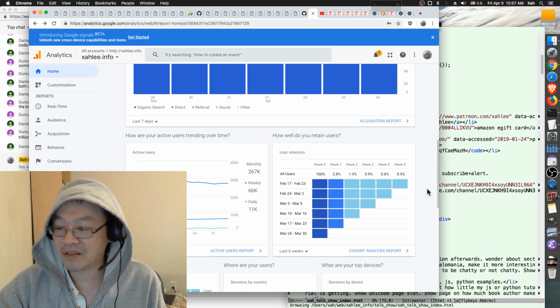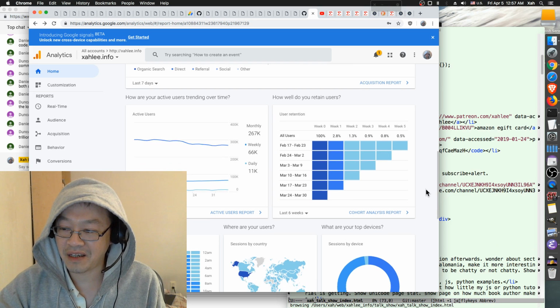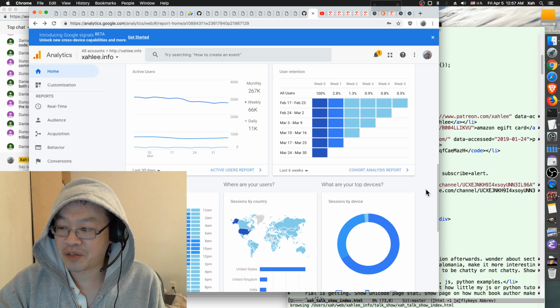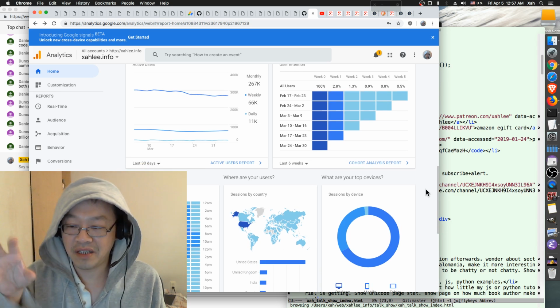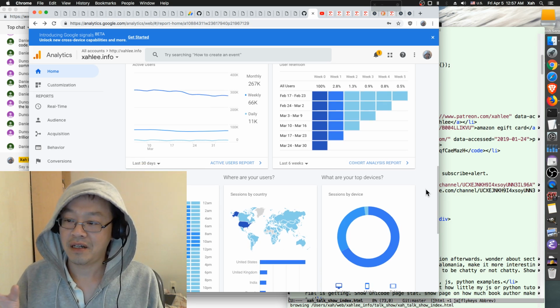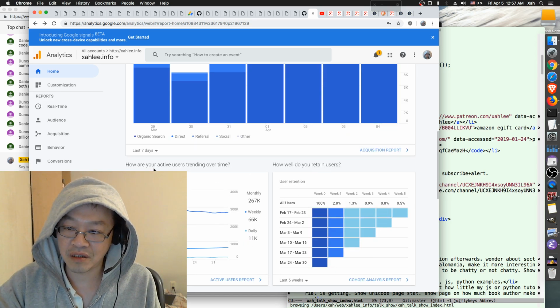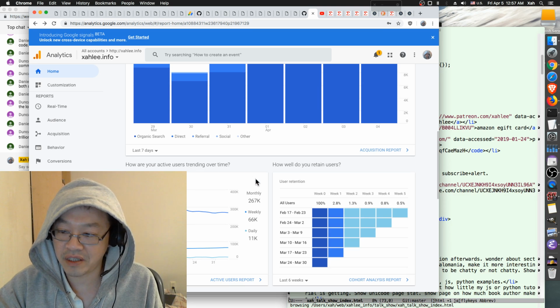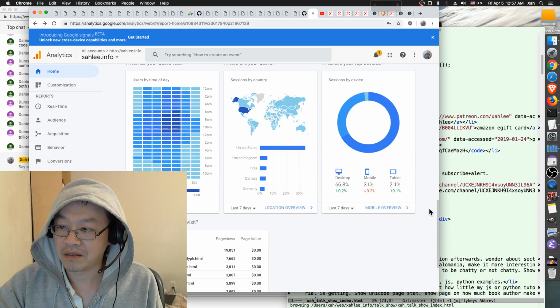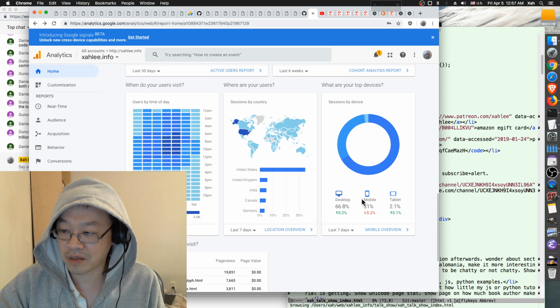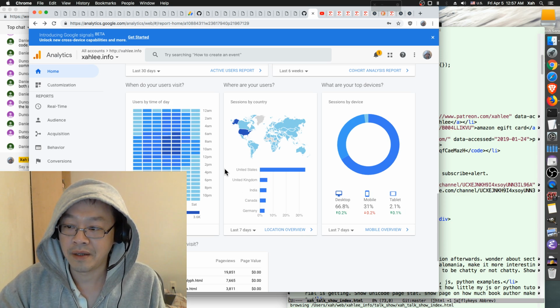I don't like these things because Google, all these companies, they are extremely commercialized. You see all these statistics: how you retain users, how your active users are trending over time, what your top devices are. Are they using desktop, mobile, tablet?